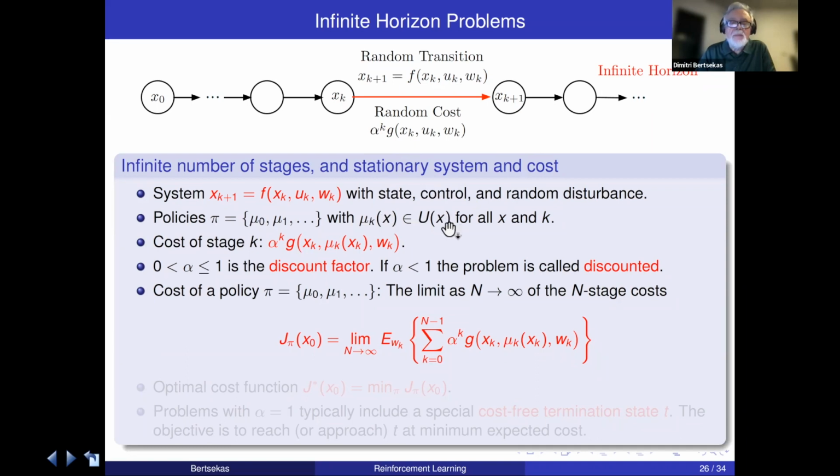It could be 1. If, however, it's less than 1, then it's called the discount factor, and the problem is called discounted. And the meaning of alpha less than 1 is that costs far into the future count less than costs in the near term. The discount factor alpha enters into the cost function here and has an important mathematical effect.